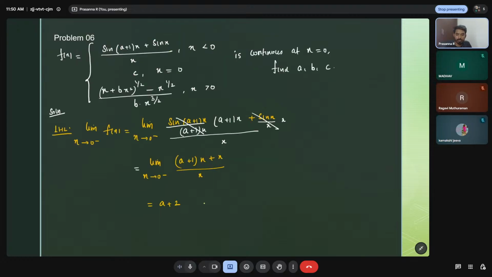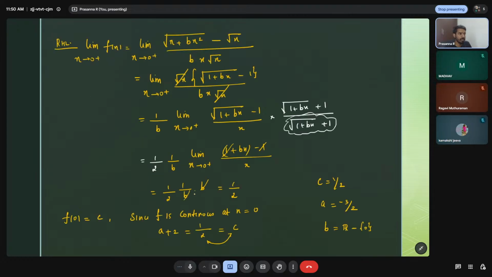So a takes the value minus 3 by 2, c takes the value 1 by 2, and b can take any real value except 0.